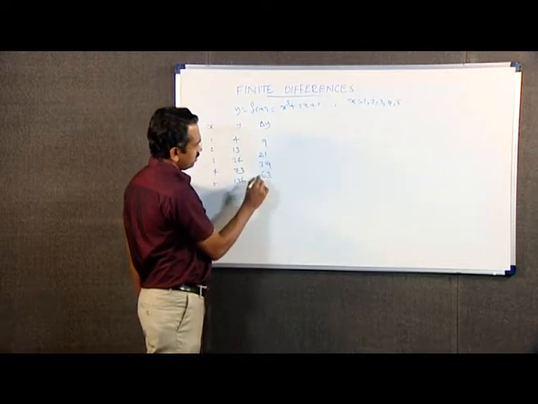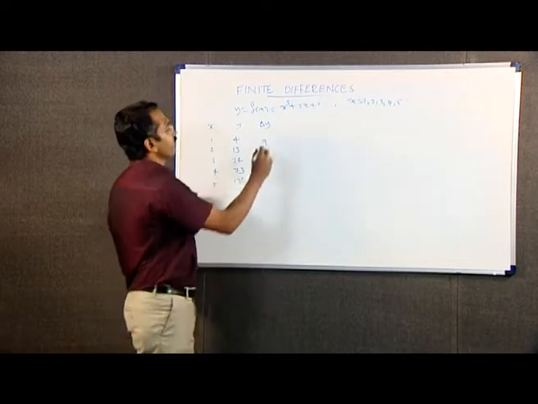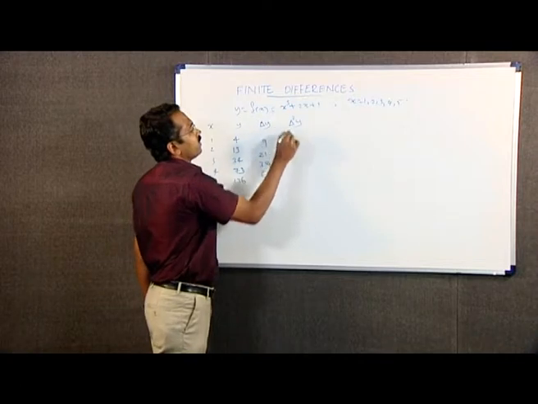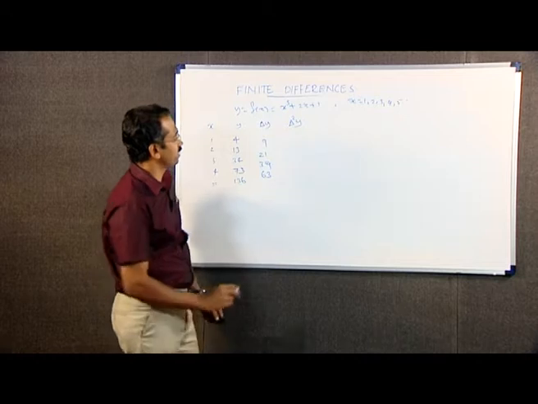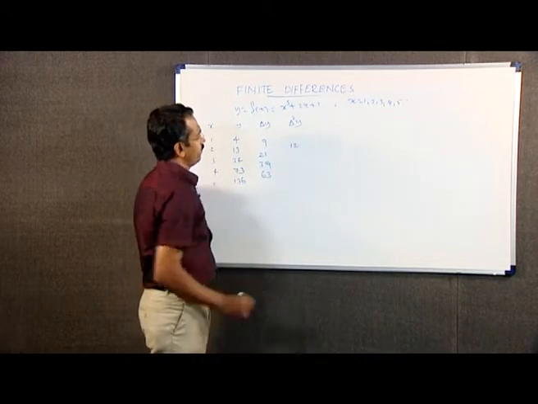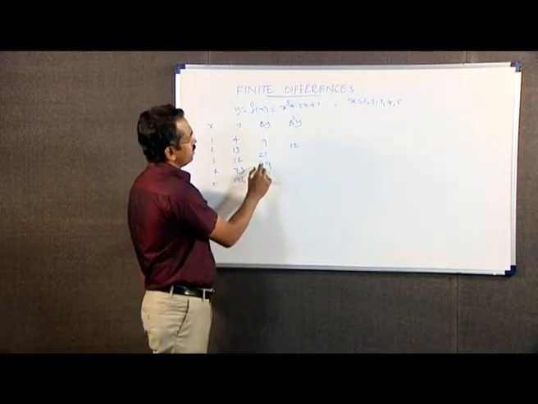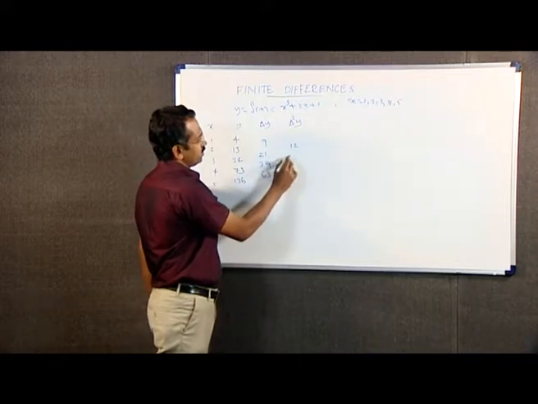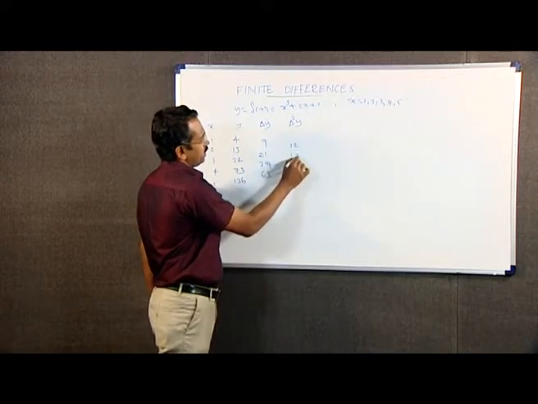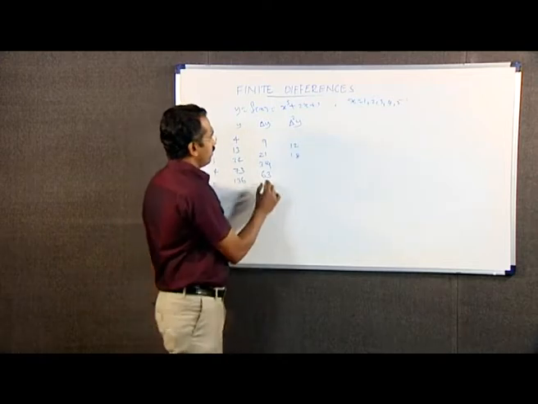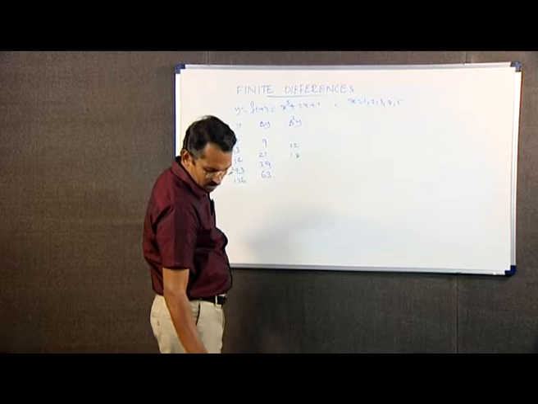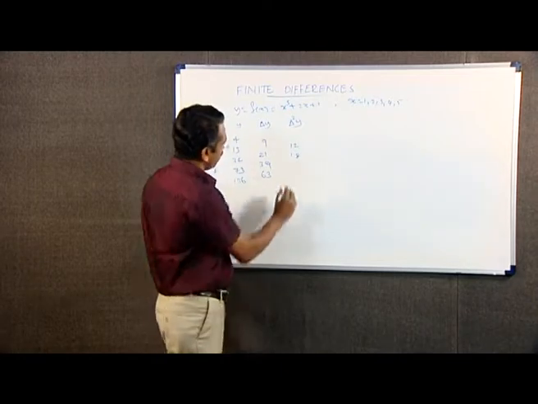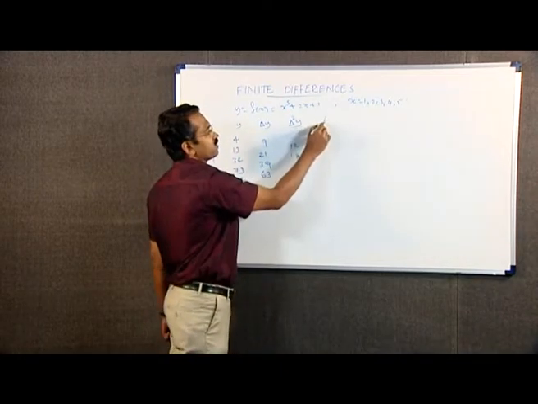Next difference is 63, that is 136 minus 73. The next difference, that is second differences are 21 minus 9, that is 12. 39 minus 21, that is 18. 63 minus 39, that is 24. These are the second differences.